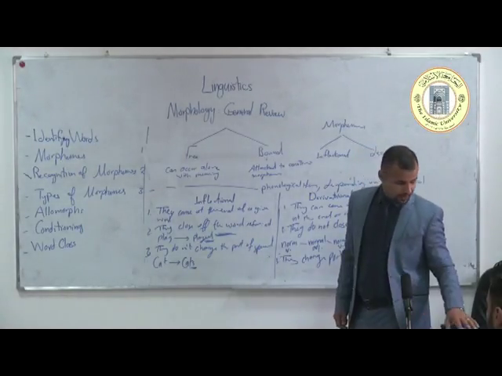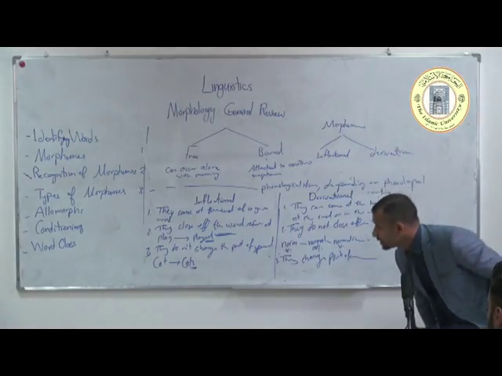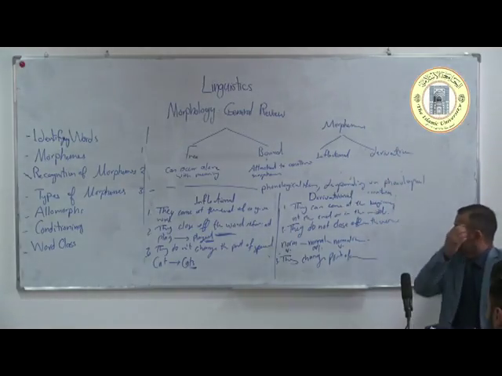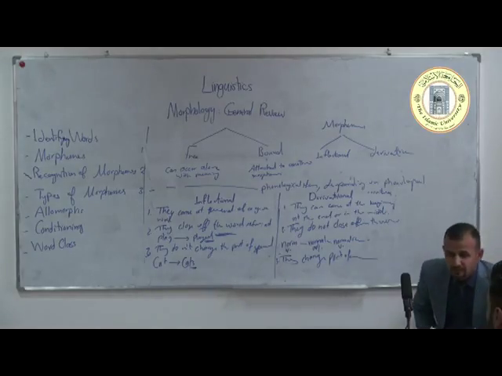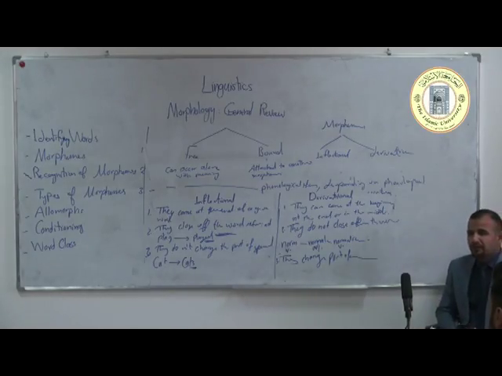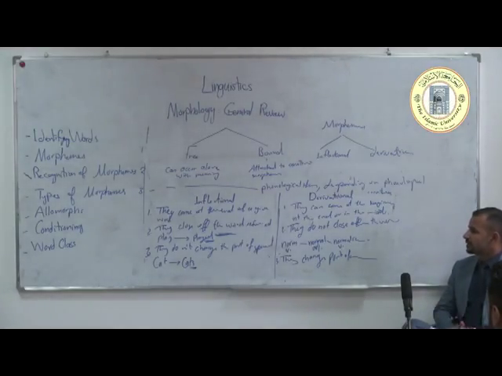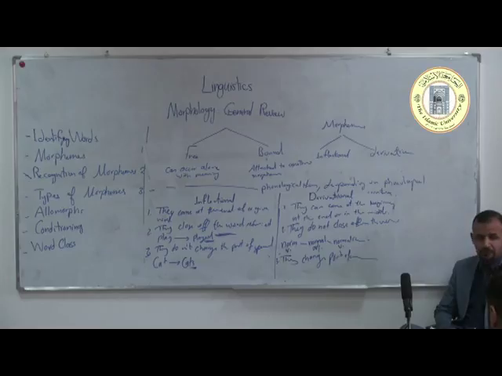Yes. Sometimes morphemes come in different realizations, different forms, variant forms. What do we call these forms? If you remember from the last lecture, allomorphs. Very good.